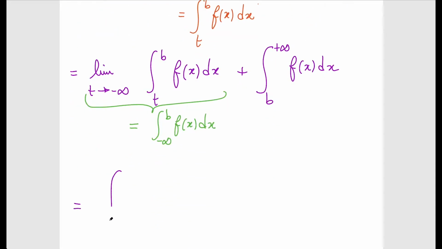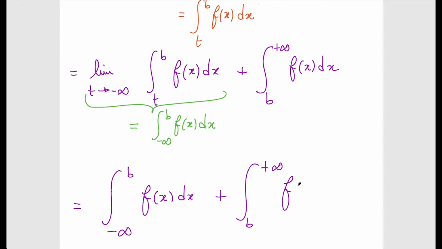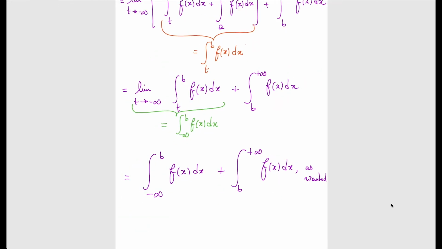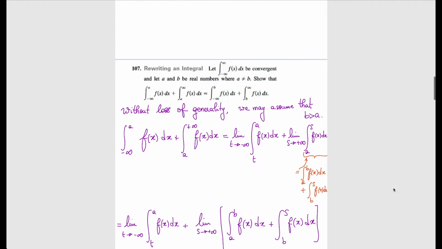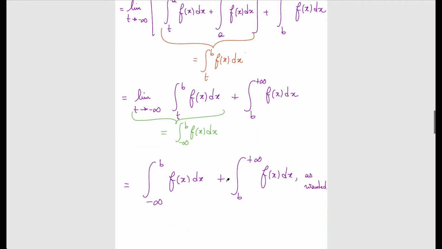This is then equal to the integral from minus infinity to b of f of x dx plus the integral from b to plus infinity of f of x dx, as wanted. Why as wanted? Remember, we started from the right side and we transitioned to the left side. This is the wanted side. So we started here, and then we transitioned all the way to here, and we showed that they are equal.